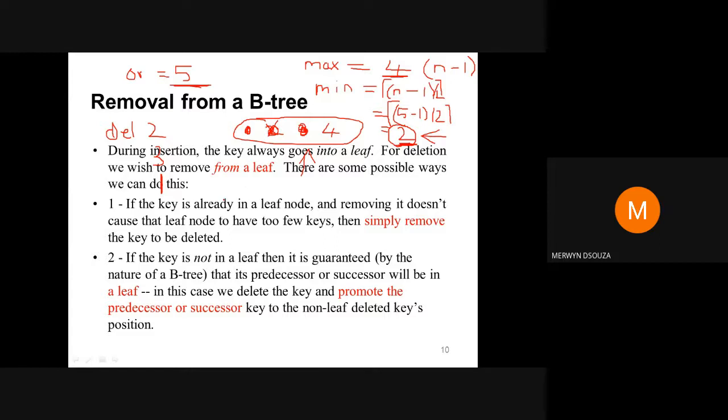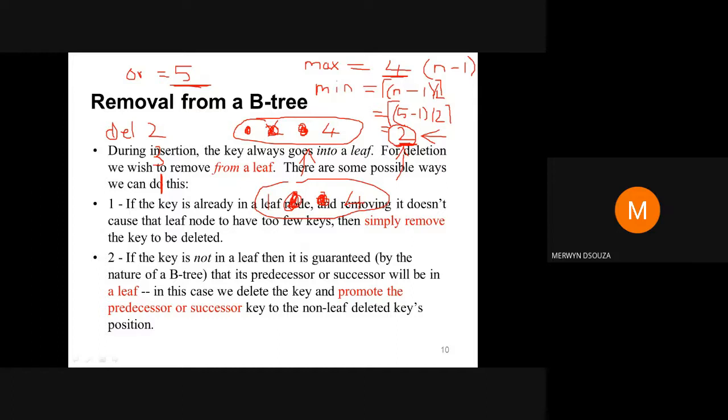So remember, when you are having a B tree, as long as you are having the minimum number of keys in that node, that key can be directly deleted. Like I told you here, first I deleted 2. After deleting 2, I had 3 keys left, which is greater than this number. Then I deleted 3.